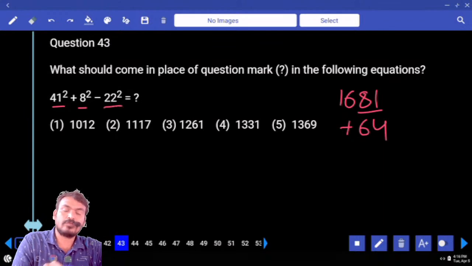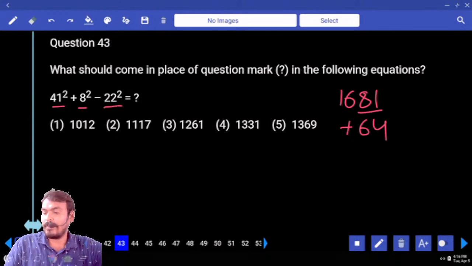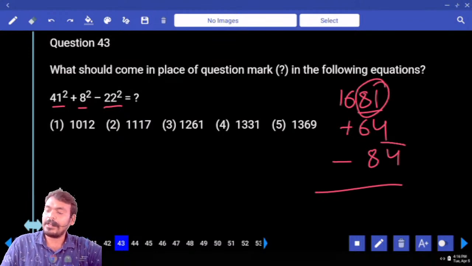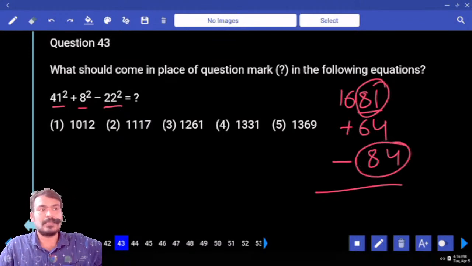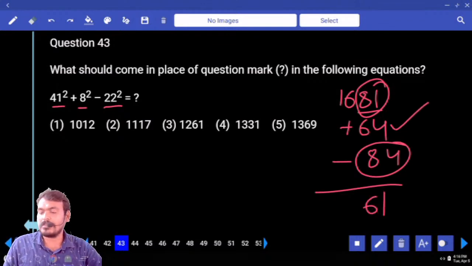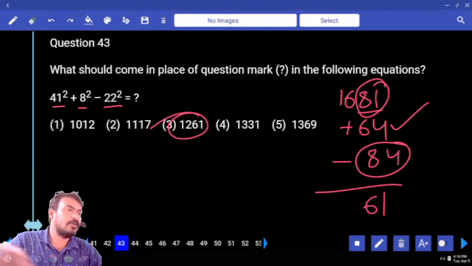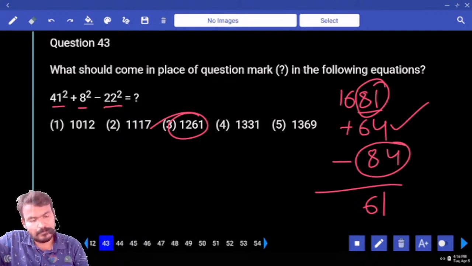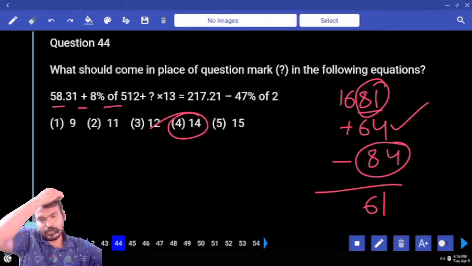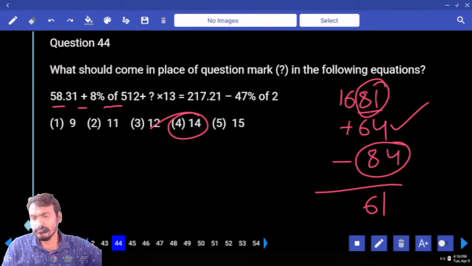Next 22 square, 484 minus 84, or not? Okay, 81 and 84 difference is minus 3, or not? 64 minus 3, 61, ending with 61. Only one option, or not? Next question number 44.